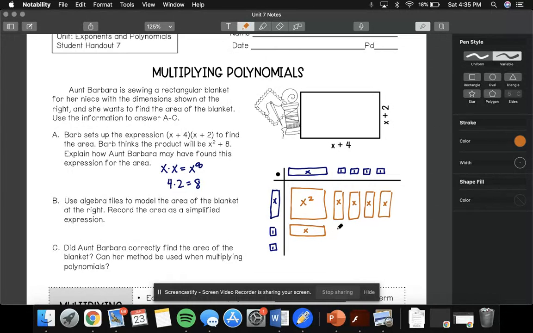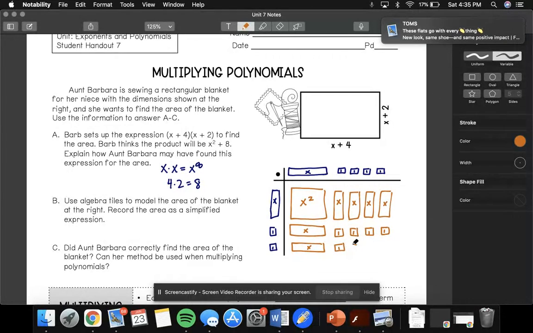Then 1 times 1, another 1 times 1, a 1 times 1, and a 1 times 1. Okay. Finally, we have 1 times x, which would create an x bar. 1 times 1, 1 times 1, 1 times 1, and 1 times 1. Okay, so in here we have the entire area of this rectangle.